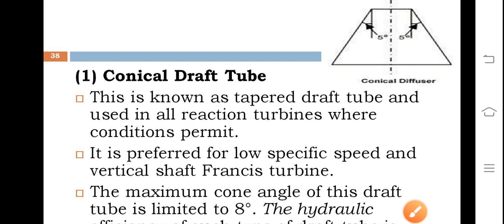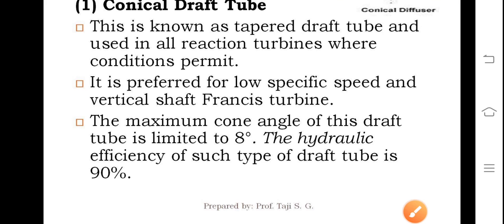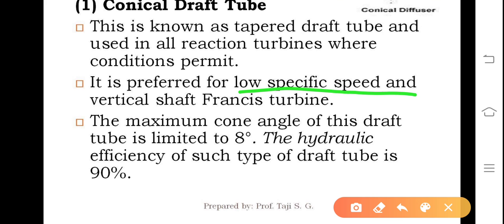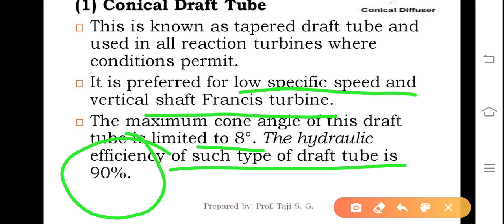It is preferred for low specific speed. This type of conical draft tube is used when specific speed is low, with a vertical shaft Francis turbine. The maximum cone angle is limited to 8 degrees. The hydraulic efficiency of such a draft tube is 90%. Very good, very fine.